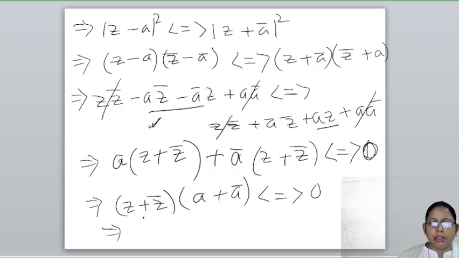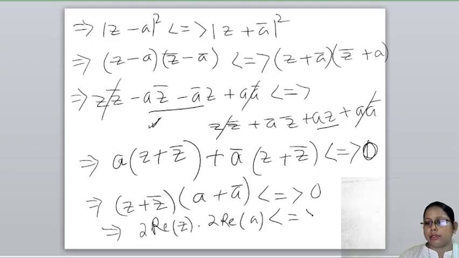This will be twice the real part of z times twice the real part of a, less than, equal to, greater than 0.